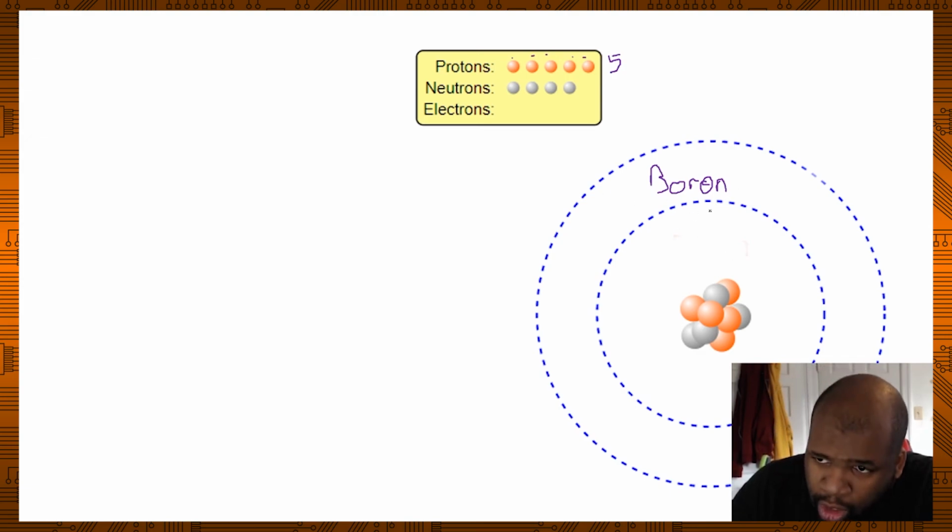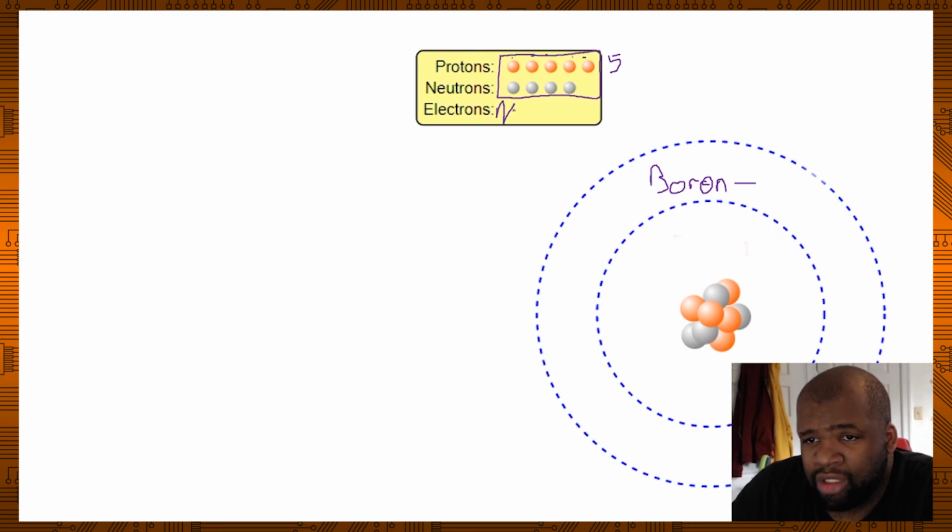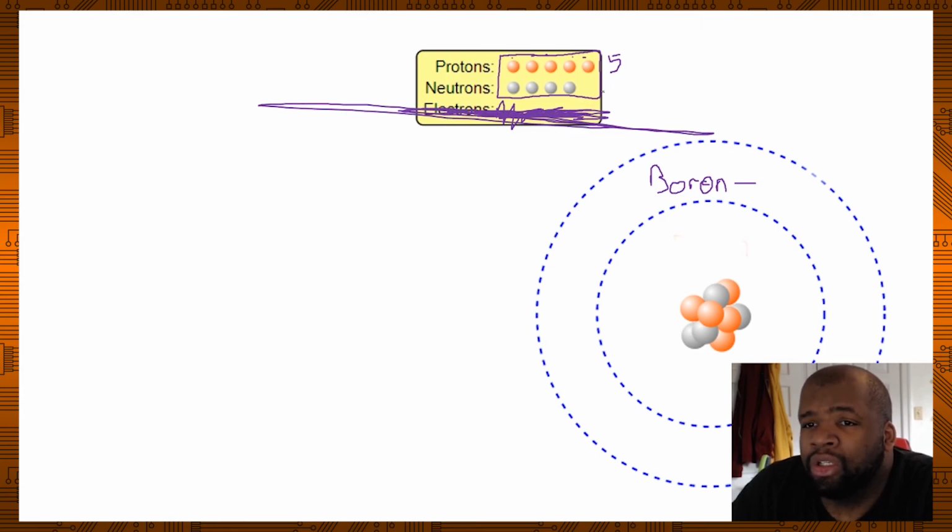So now we know that we have boron, and now we need to figure out our number that goes with it. Just like before, we are going to add up all the protons and all the neutrons. We don't have any electrons here, but if they were here, we'd ignore them. Electrons mean nothing to this. So let's add up our protons and neutrons. We have 1, 2, 3, 4, 5, 6, 7, 8, and 9.